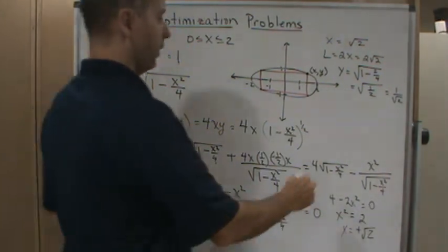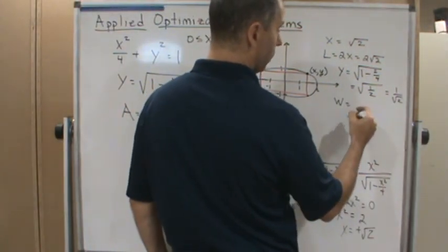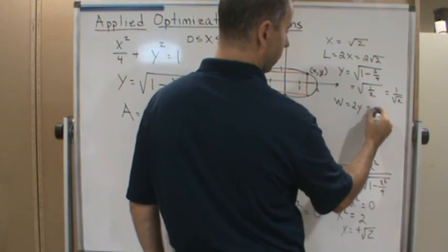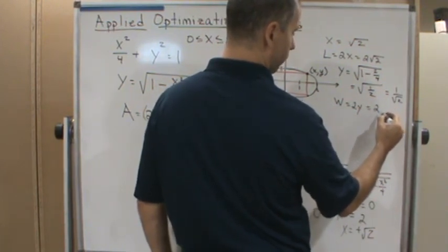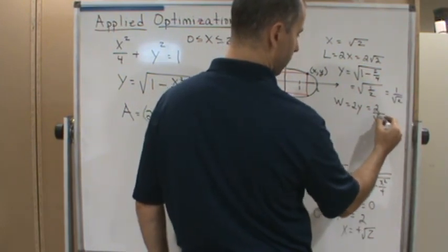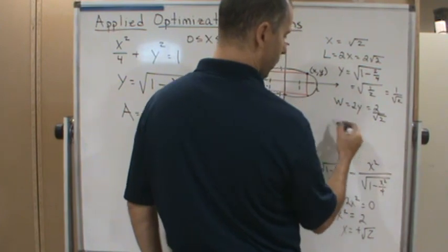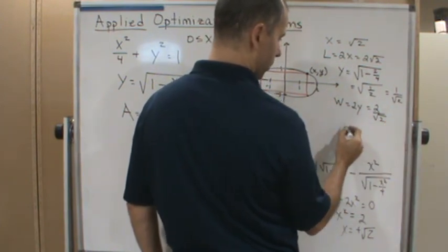Okay, so that means the width would equal 2y, which is going to be 2 times 1 over the square root of 2, or 2 divided by the square root of 2. And of course, we would want to rationalize this. So we're going to multiply the top and the bottom by the square root of 2.